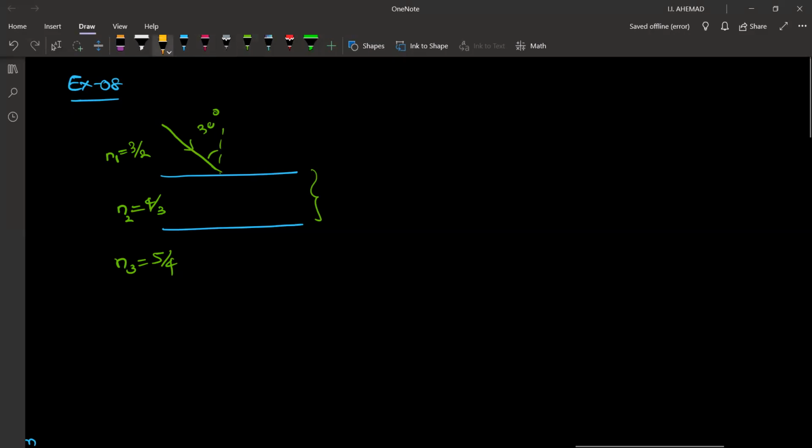Sine inverse 3 by 5 is given, is equal to 36 degree 51 minute.